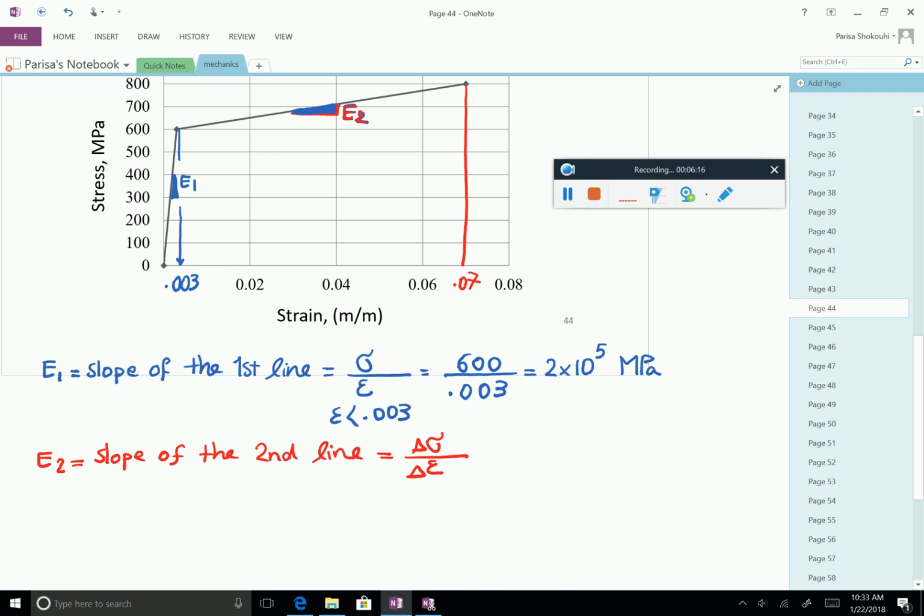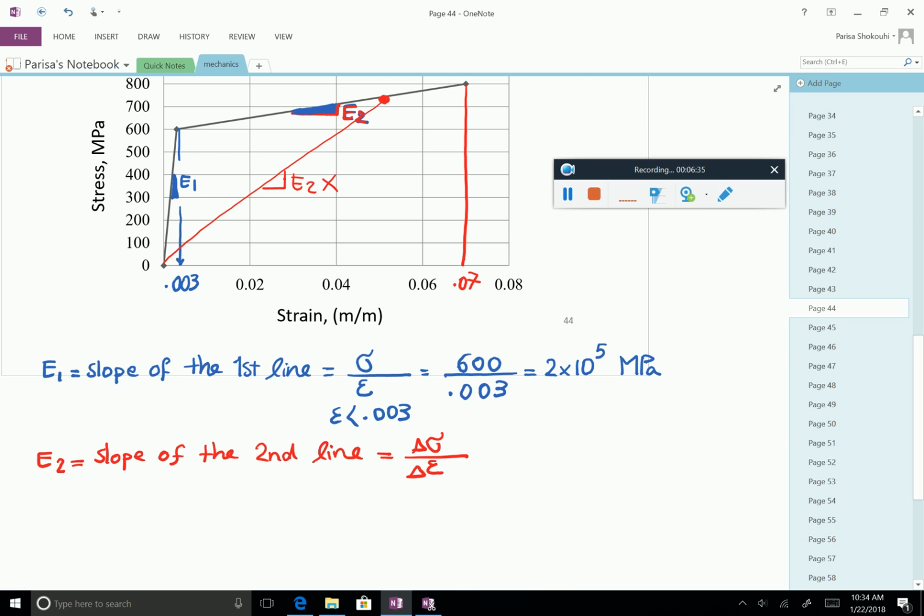If you take sigma over epsilon, it will give you the slope of this line. For example, if you take this point, it will give you the slope of this line instead, which is obviously not what we are looking for.